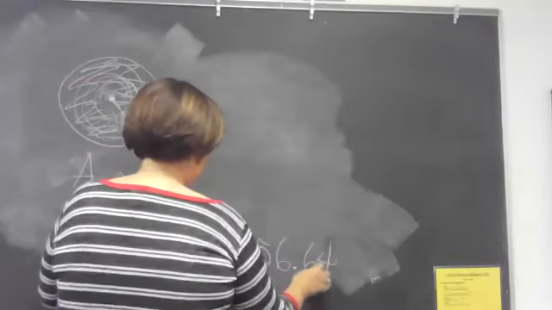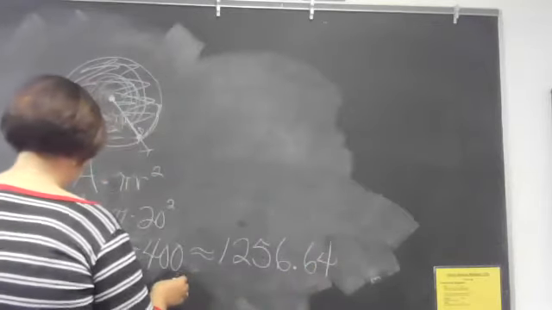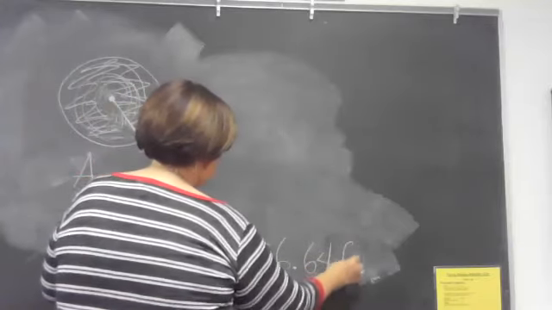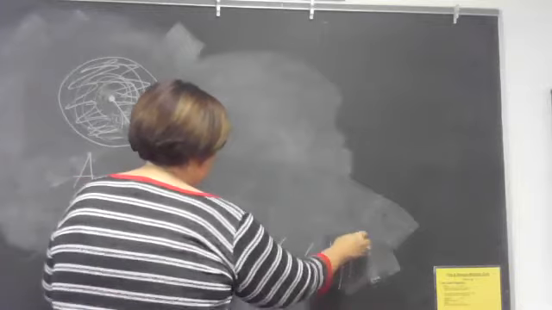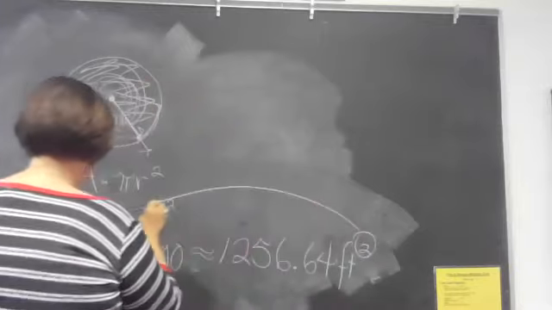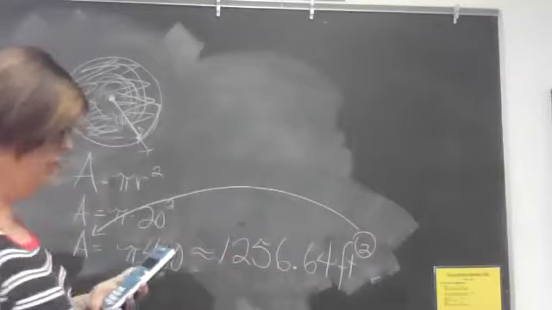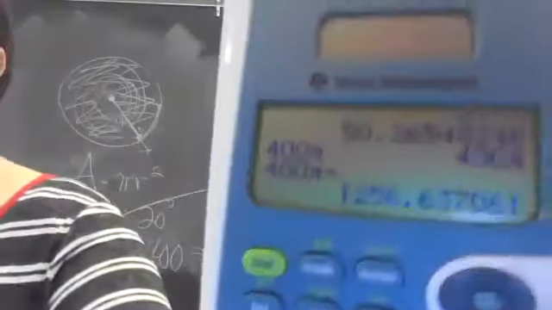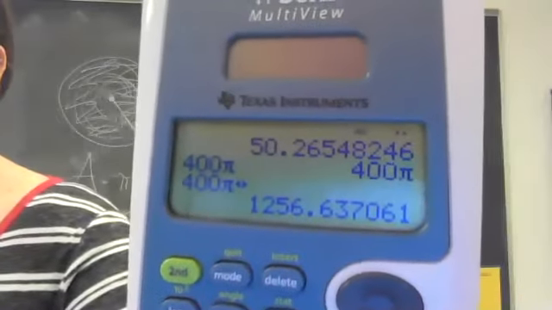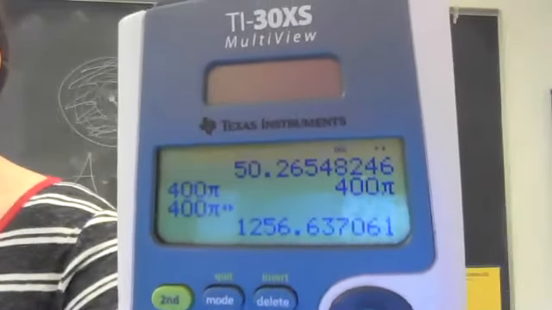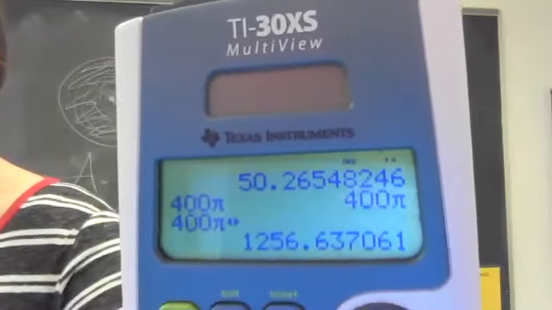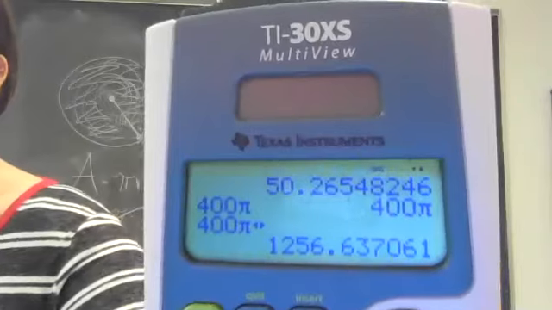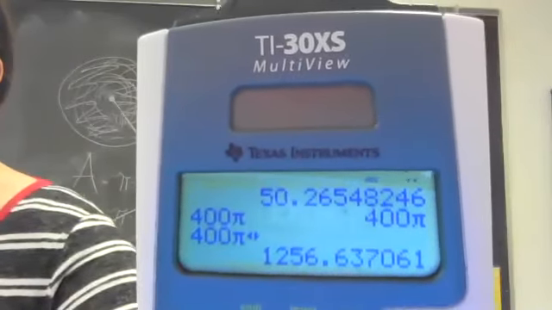Okay, let's look at it. I'll show you my work. And this will be feet squared because it's area. Area will always be square units. The top number is just from another problem. I put 400 pi in and then used my toggle switch. I didn't put my pi in.